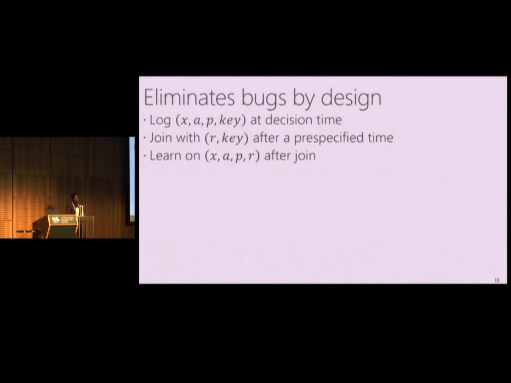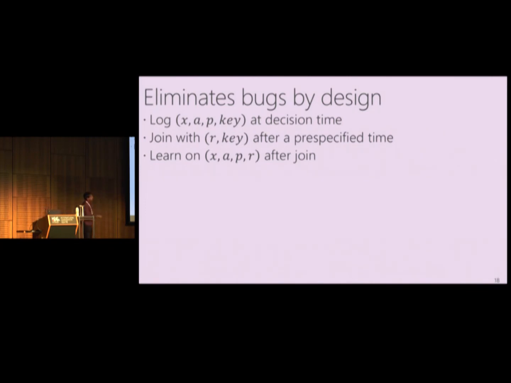Regardless of which version you use, we've tried to eliminate a lot of the bugs that we talked about by design. A few things I want to point out. When the application calls the Decision Service with a context, and we respond with an action, we log this information right away when we make the decision.